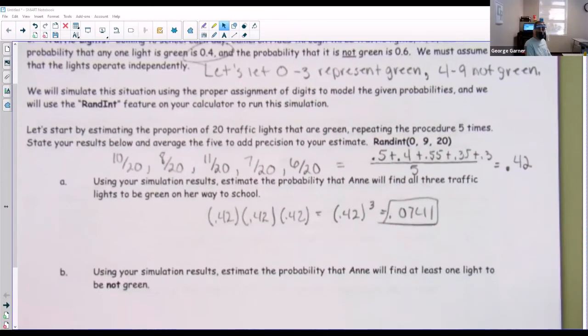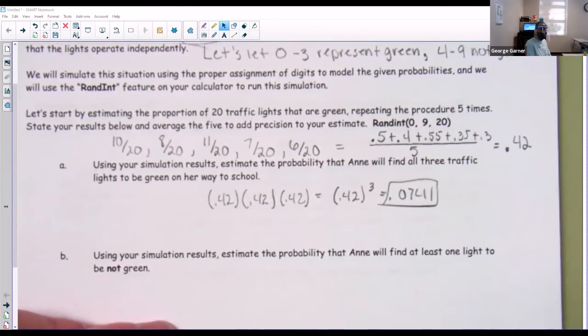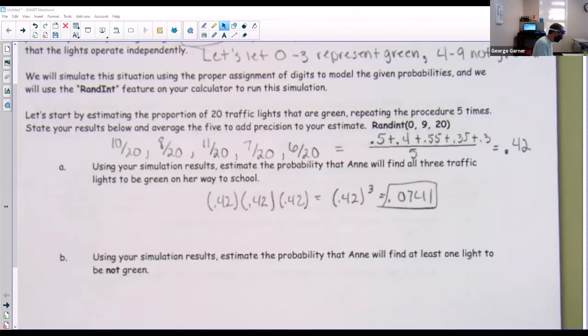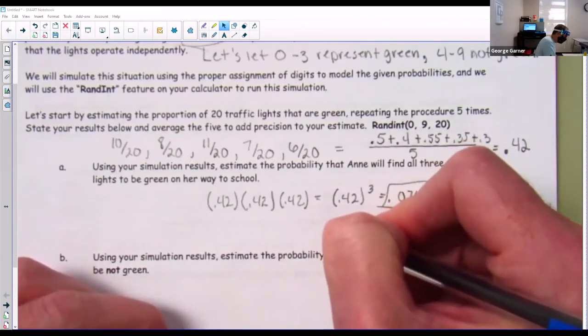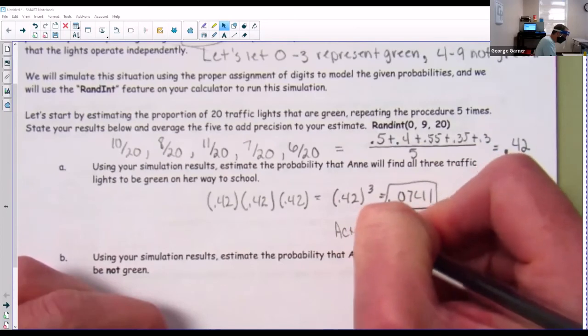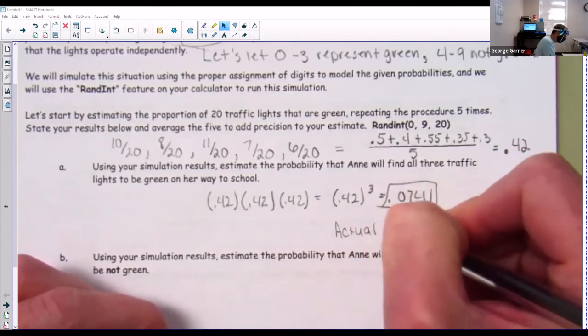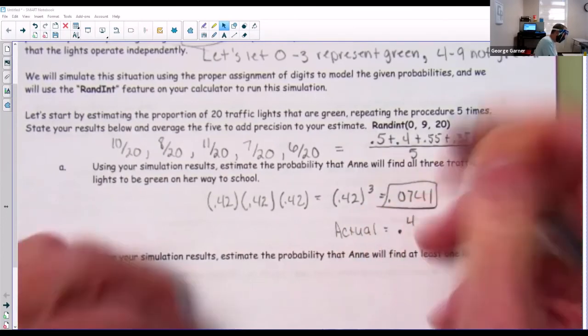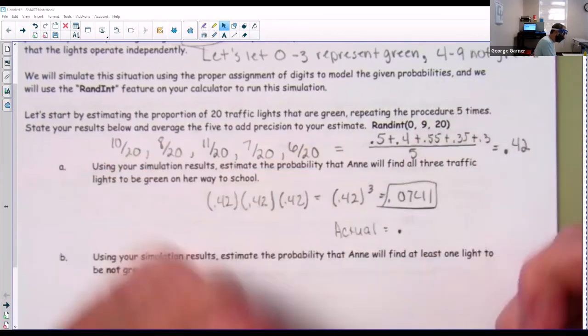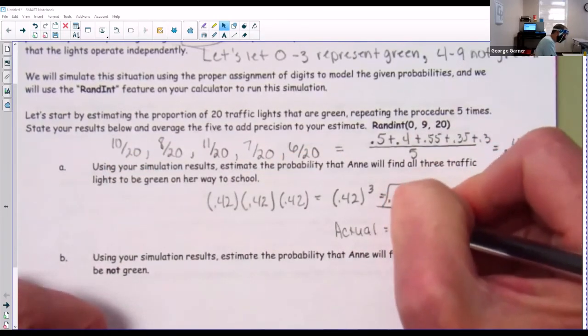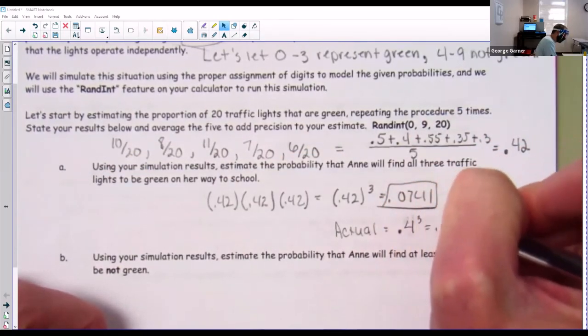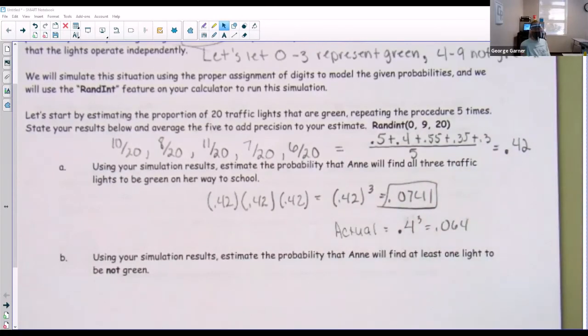I don't expect that you would know that, but we will learn it in the not too distant future. The actual is going to be 0.4 to the third, which is 0.064. And again, that's pretty close. You don't have to calculate the actual, I'm just showing it to you.